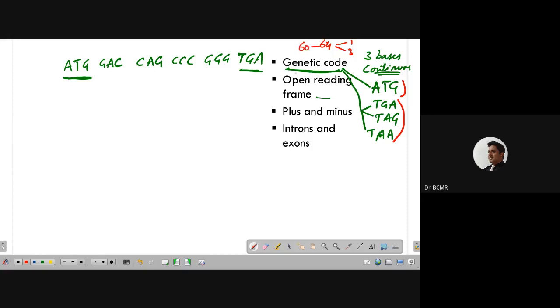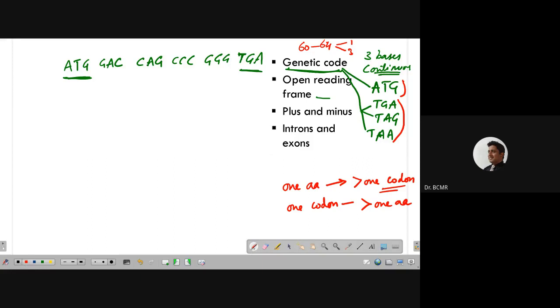The genetic code is degenerate. What does it mean? It means that one amino acid can be coded by more than one codon. That's what is meant by the genetic code being degenerate. If I say one codon can code for more than one amino acid, is it true or false?